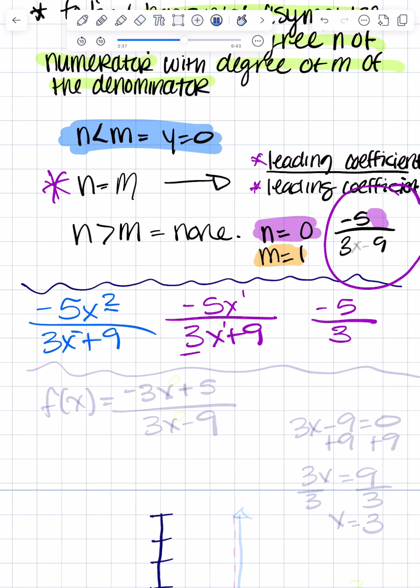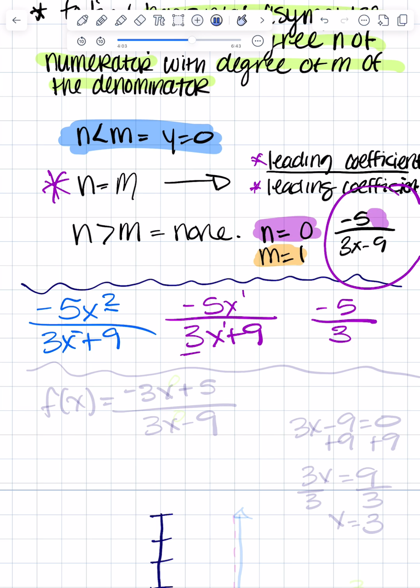If n is greater than m, which in this case it would be, there would be no horizontal asymptotes. So you wouldn't have a dashed line at all right there. This is not supposed to be plus. We're going to fix that: 3x minus 9. Sorry, guys.